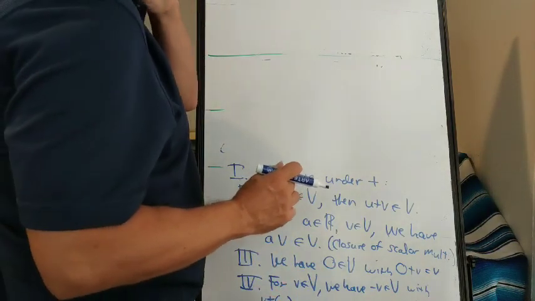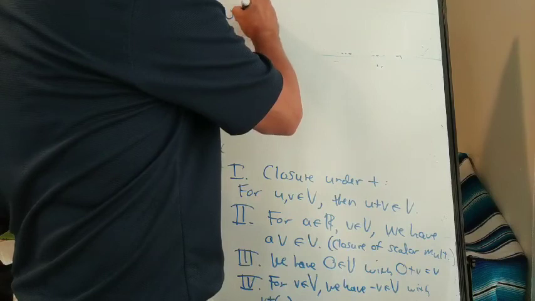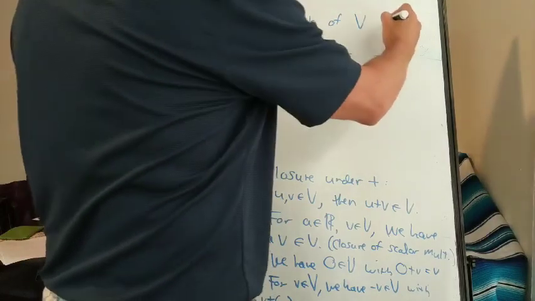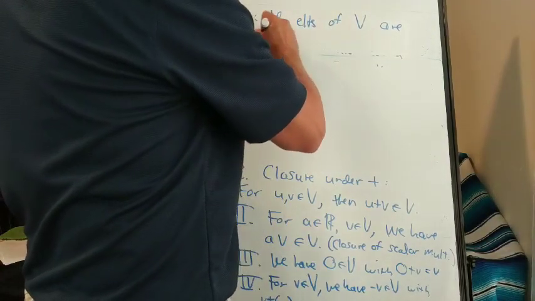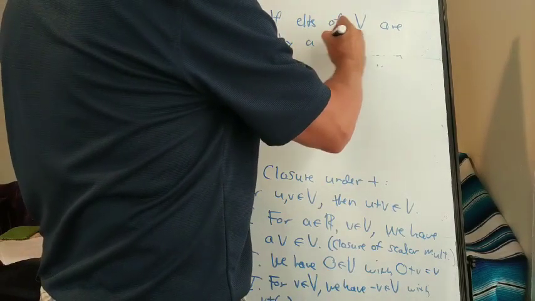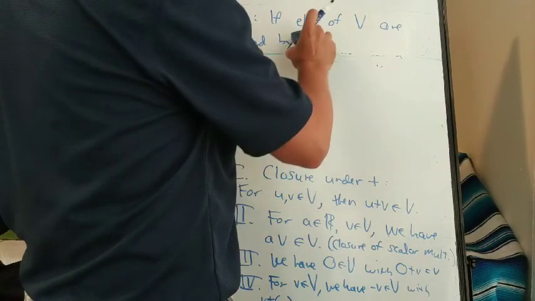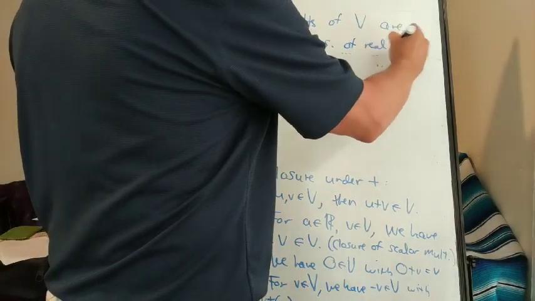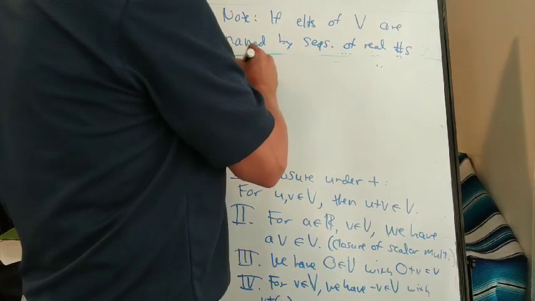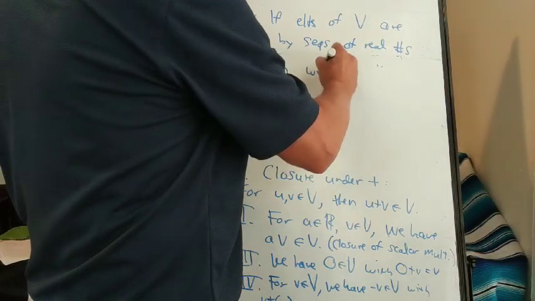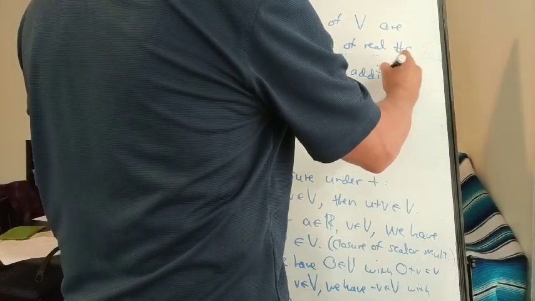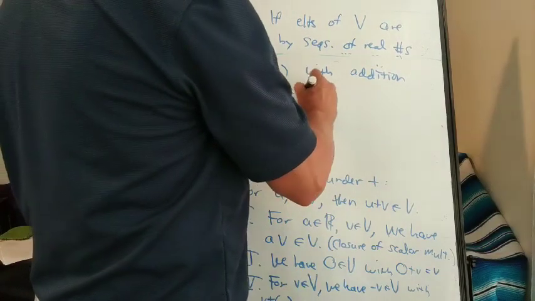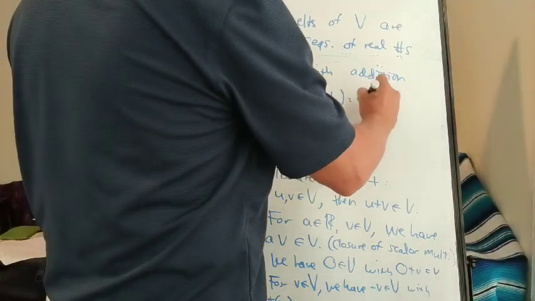Maybe I should mention for the 6 sort of obvious properties, if the elements of the vector space, if the vectors are named by sequences of real numbers, let's say A1 through AN, with addition A1 through AN plus B1 through Bn equals A1 plus B1, and so on.